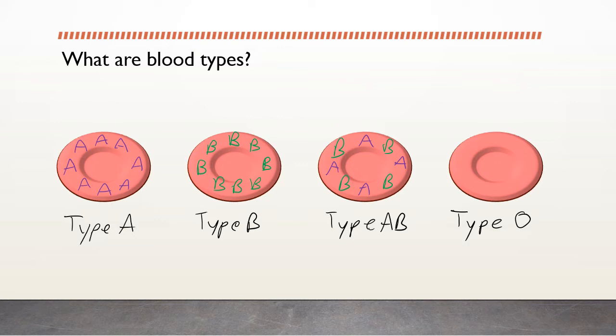If you're a blood type AB, all of your cells will have A and B. If your blood type is type O, then none of your red blood cells will have any of these glycoproteins on them at all.